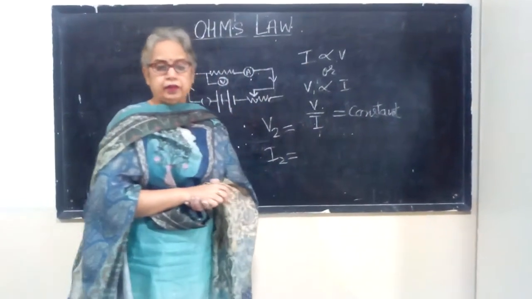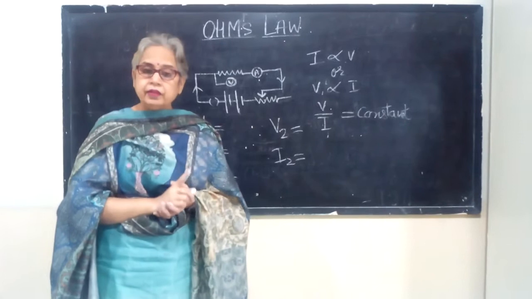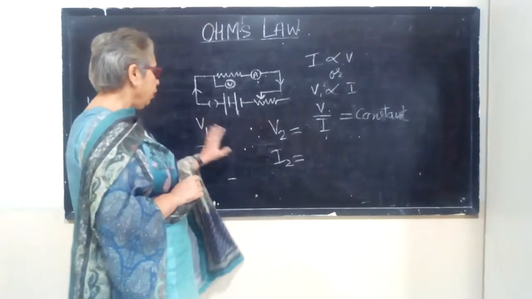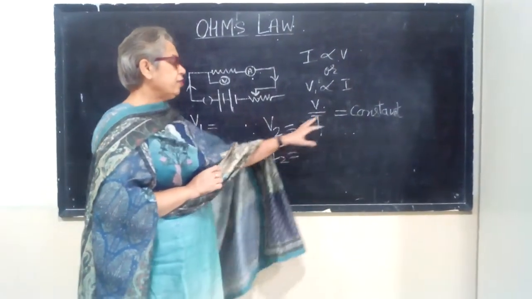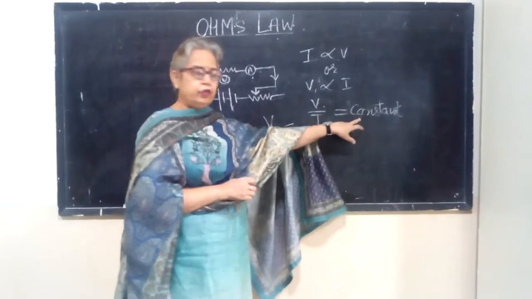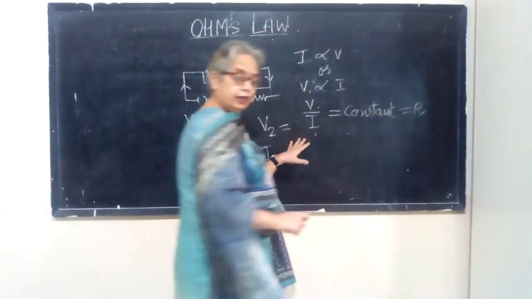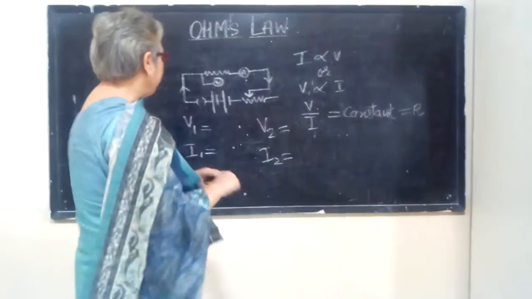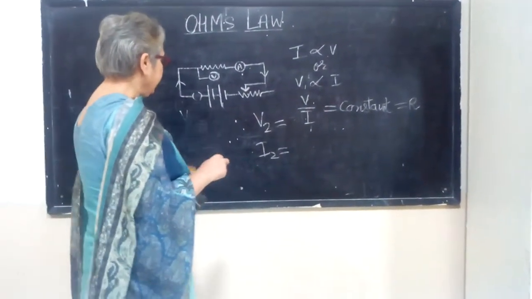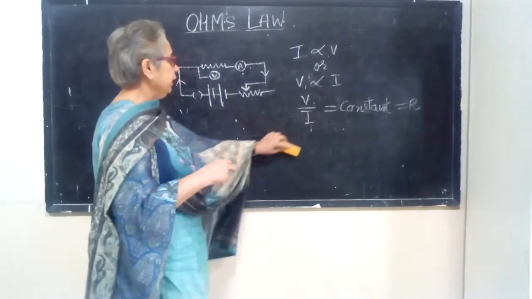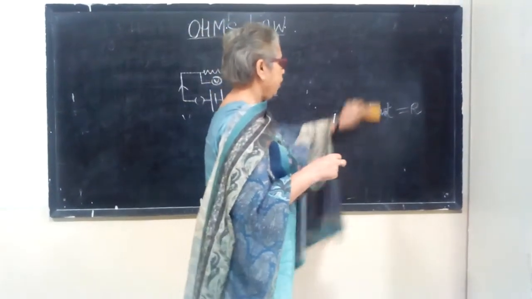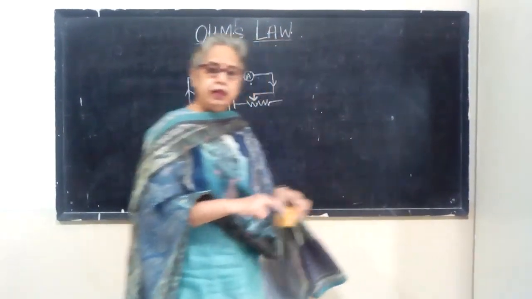Right? But this is under ideal conditions, that all the 4 readings will have the same constant value, which we take as resistance. But under experimental conditions, it is not so. There is a scope of experimental error.